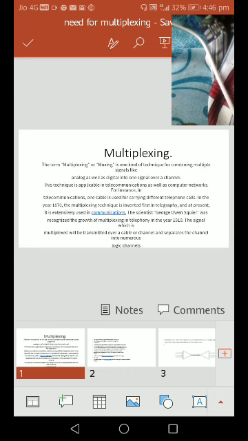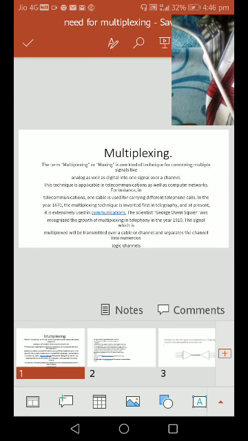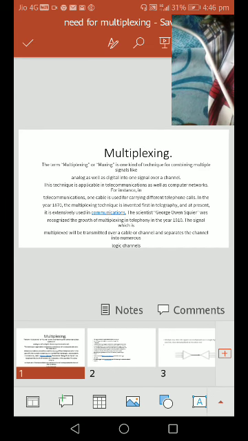This technique is applicable in telecommunication as well as computers. Most computer devices need security when sending data, for example in banking sectors and other private banks.